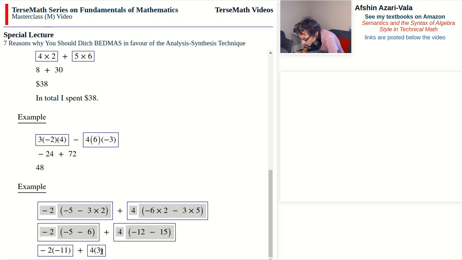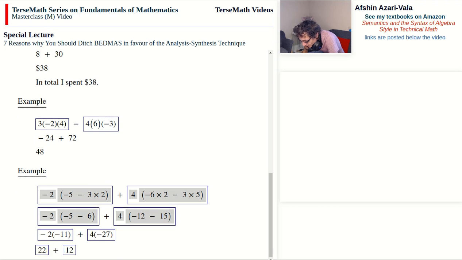Here factor 1 is 4, and factor number 2, it should have been -27. So let's make that correction here. Okay. And I guess I have to make another correction next. So here we have negative times negative.